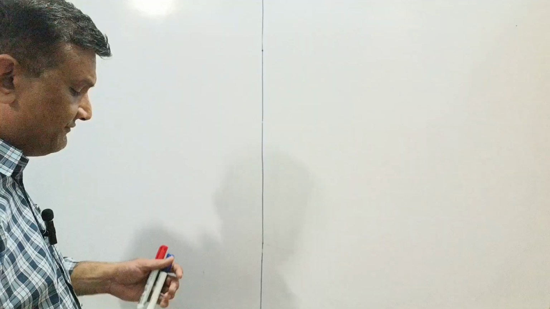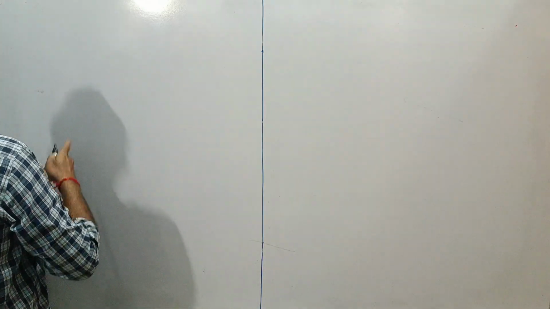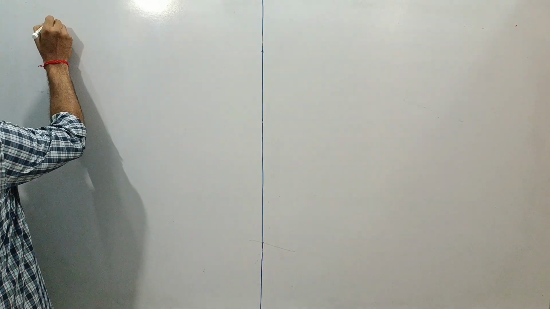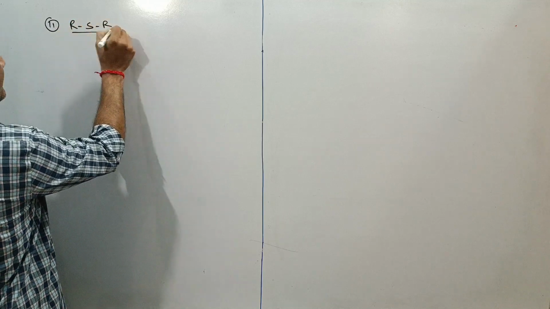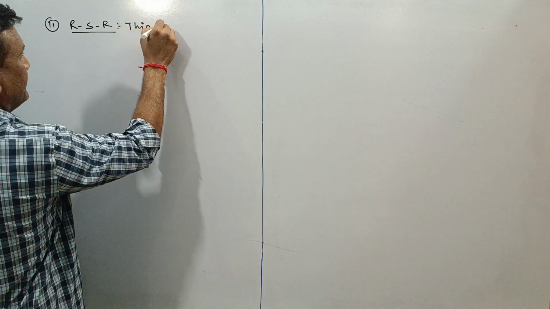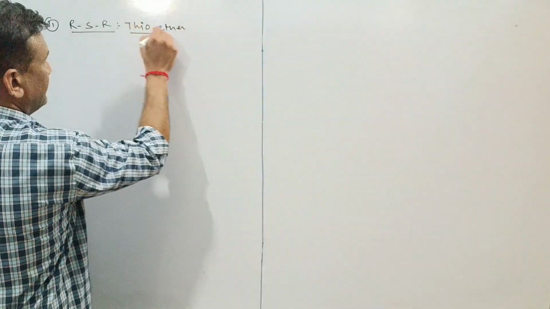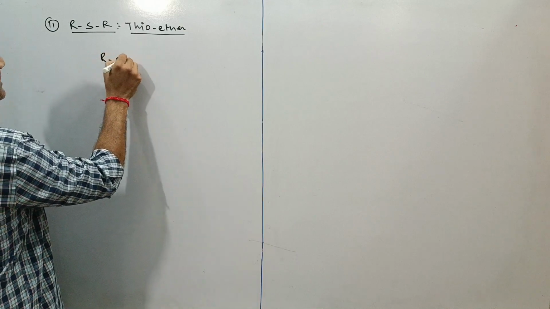So this is the 11th functional group, the thioether, R-S-R'. If you go with the types of thioether, there are two types.